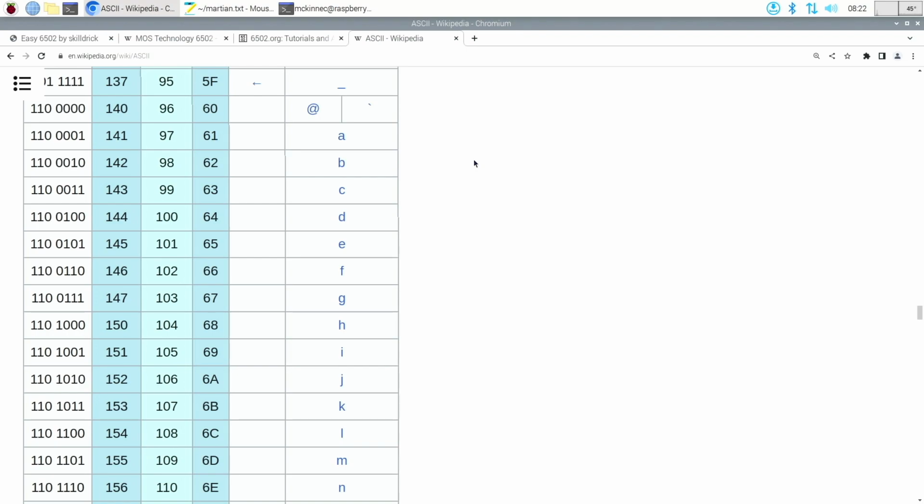That is convenient for two reasons: one, it's a constant number, and two, it's an easy constant number. Because if you want to convert a lowercase letter to uppercase or vice versa, all you have to do is subtract or add 32 decimal or 20 hex. So that is really handy.